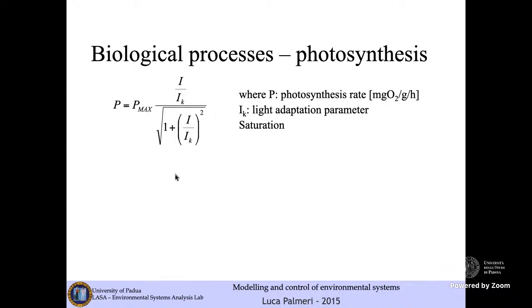In this case, we may model the photosynthetic rate by employing these formulations. We may write that the photosynthetic rate is equal to a maximum photosynthetic rate that is reduced by this function, in which we describe the light adaptation parameter, by introducing the intensity of light and the saturation level of intensity.